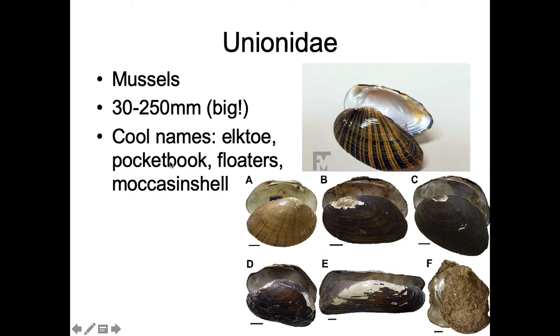They have lots of cool names like elk toe and pocketbook and floaters and moccasin shell. They used to be used to make buttons from this pearly part, but they're declining majorly. Damming rivers, pollution in rivers, and sedimentation have really made declines in these guys, and they're very diverse in North America.